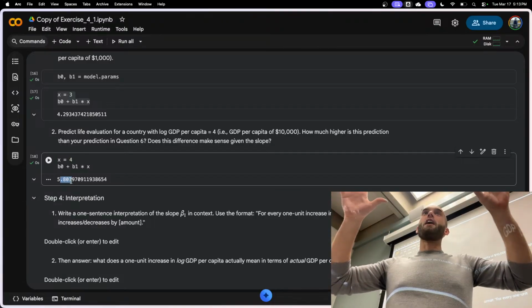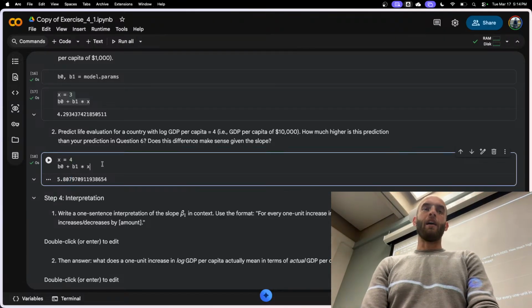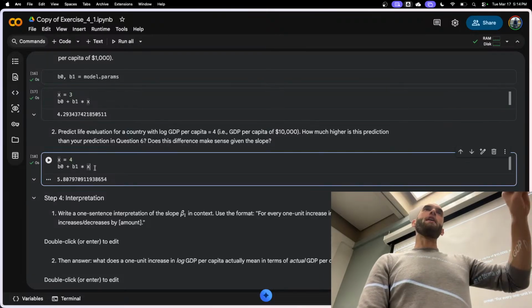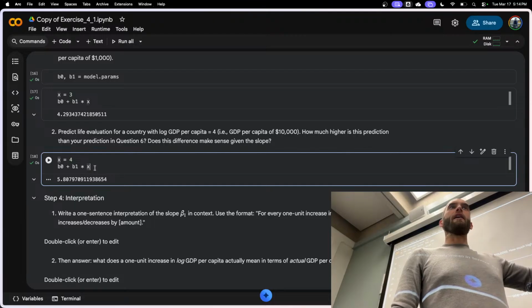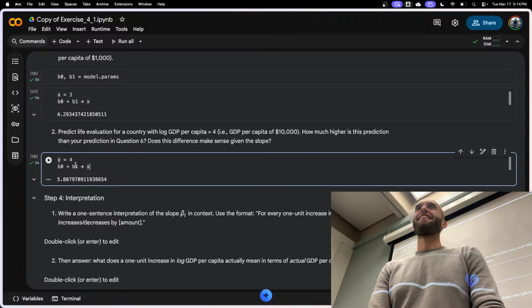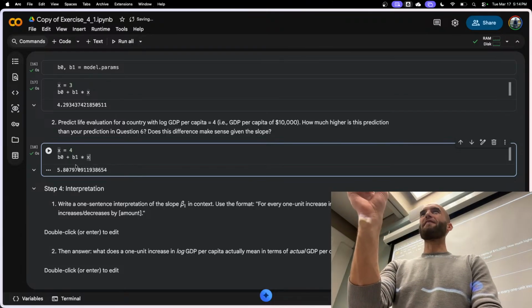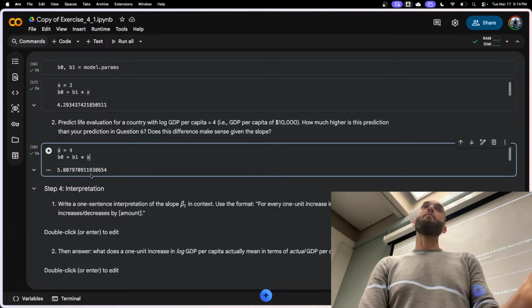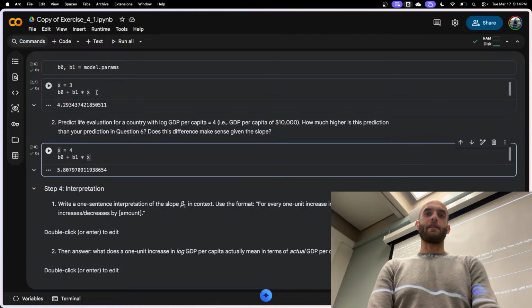The last thing I want to talk about is the interpretation of this stuff. Here we have two different predictions. One is one horizontal unit higher than the other. All we want to do is find the difference between those two values to measure the impact of moving one unit on the horizontal axis.